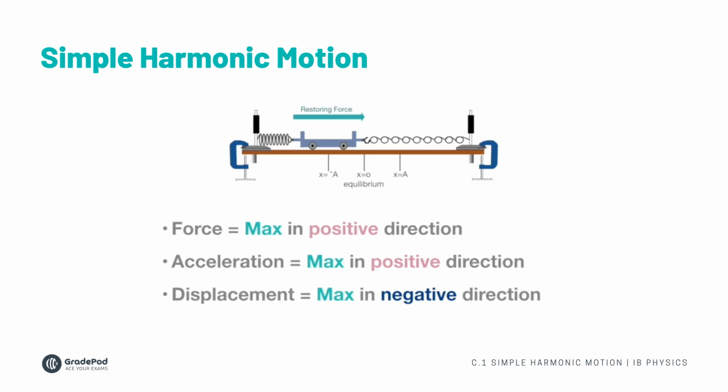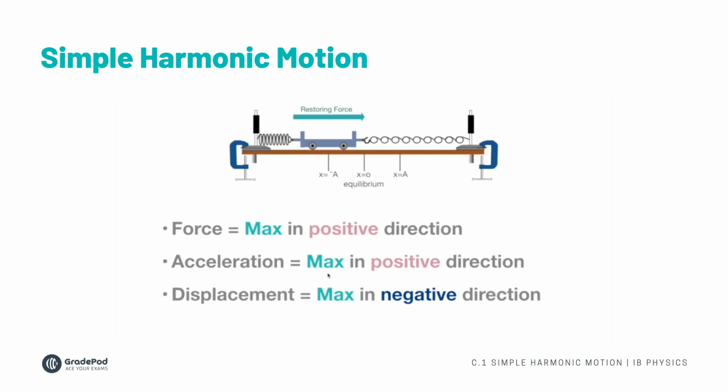The force is pointed in the direction of the right. So we've said right is positive because you can see here that's a positive amplitude and that's a minus amplitude. So it's in the positive direction being pulled back towards equilibrium. If the force is pulling the cart towards the right, that means it's accelerating towards the right.